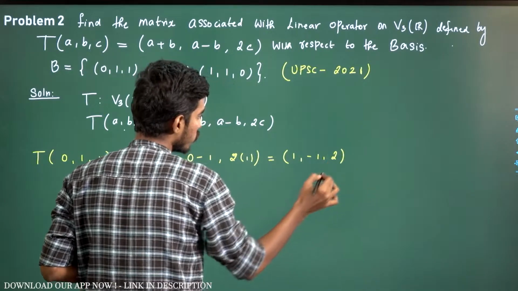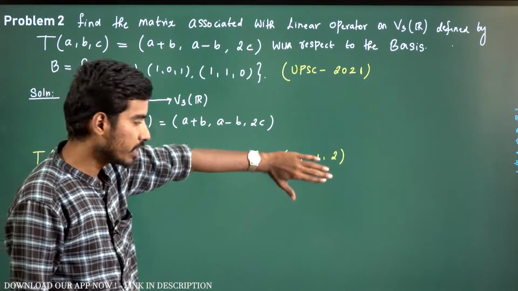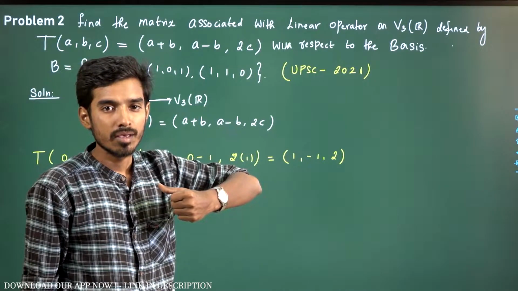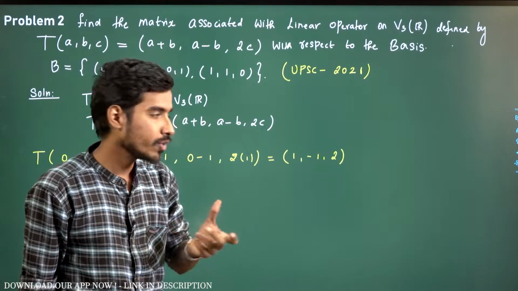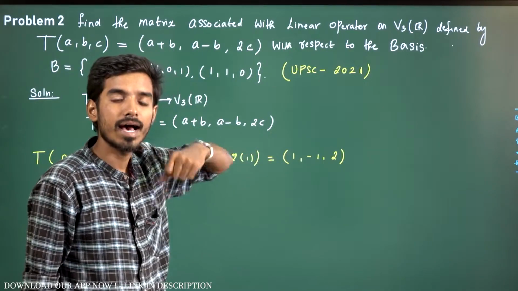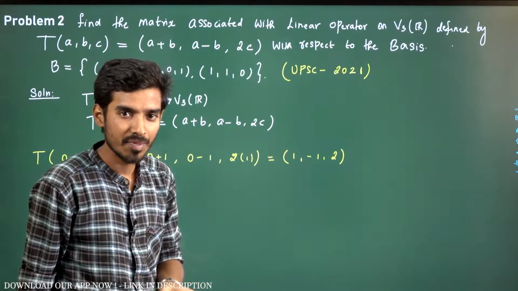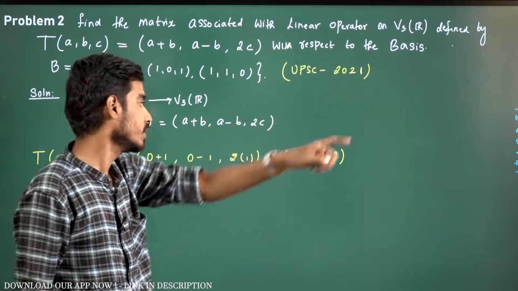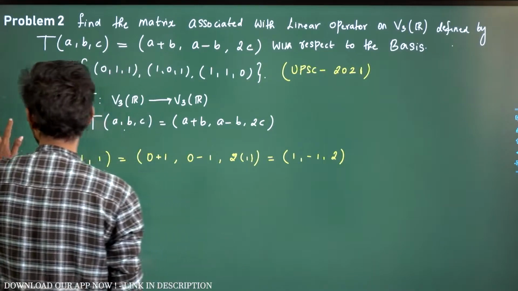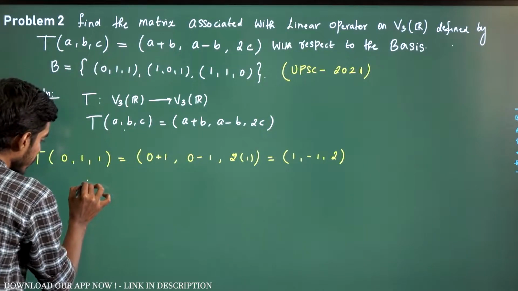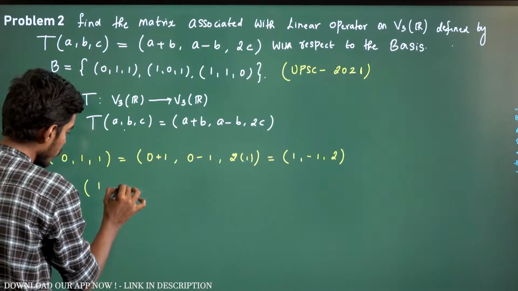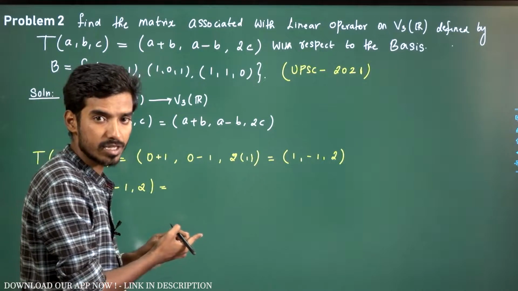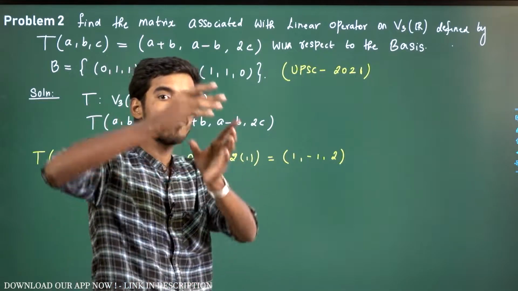Now you need to express this output vector (1, minus 1, 2) as a linear combination of the basis of the codomain space.